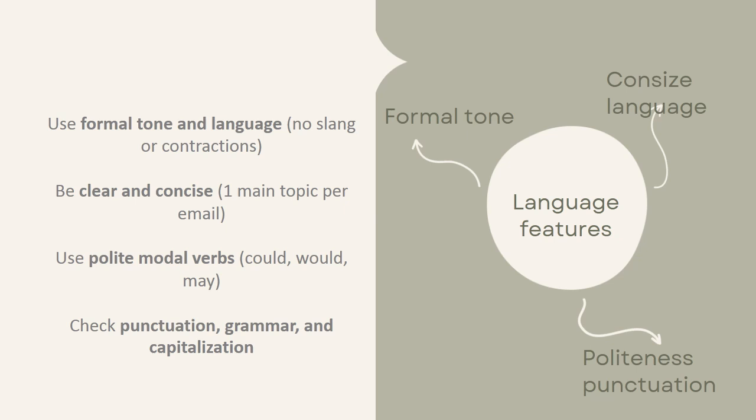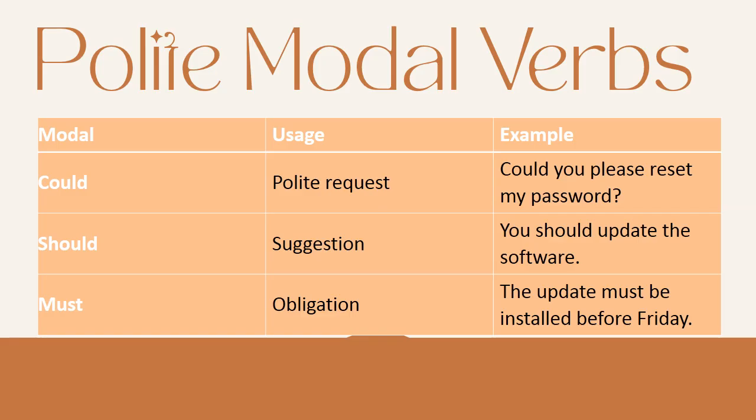That is to say, one main topic or one subject line per email. Okay? Use polite modal verbs to request or to ask for something, like could, would, and may. As well, check punctuation, grammar, and capitalization. That is to say, the language should be correct.